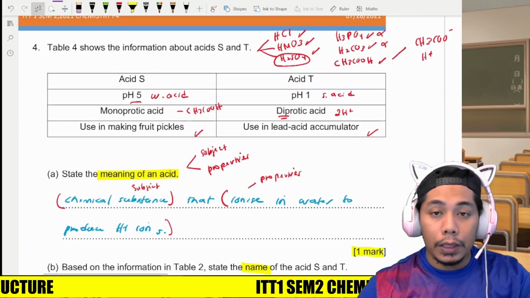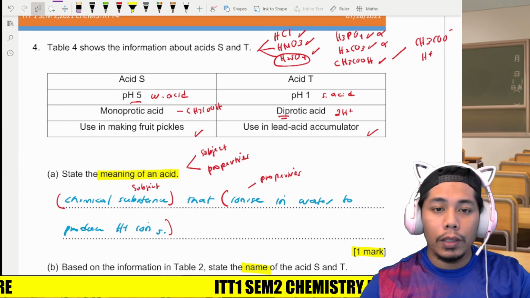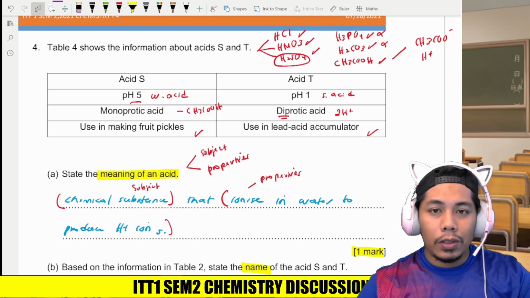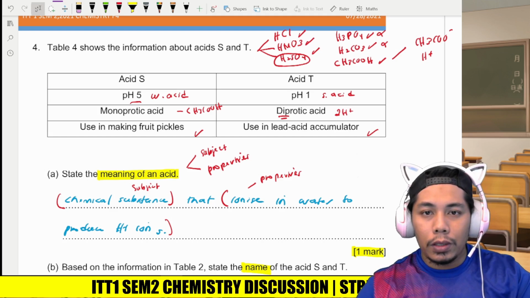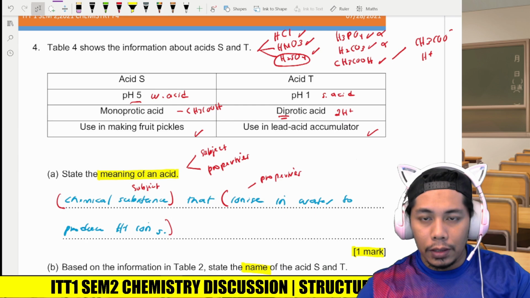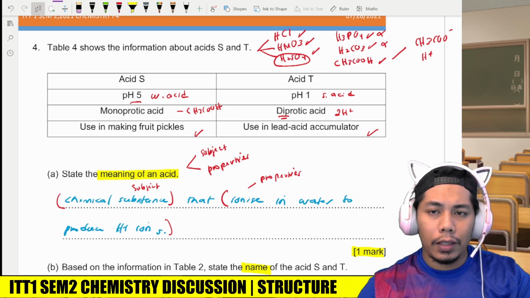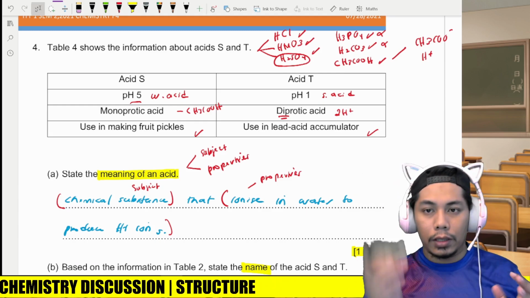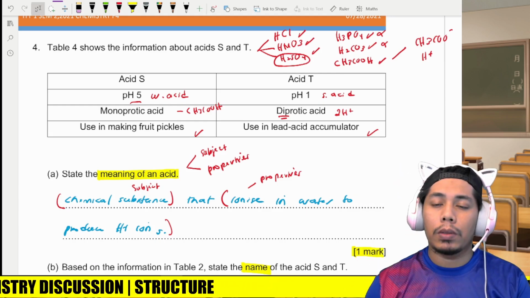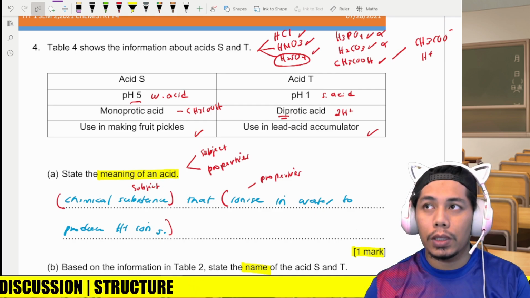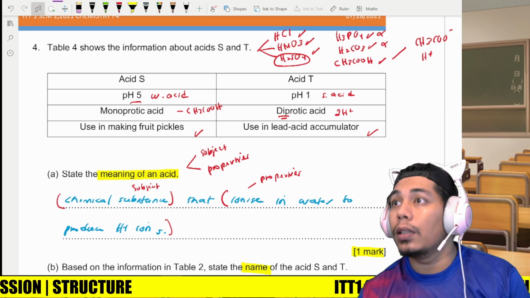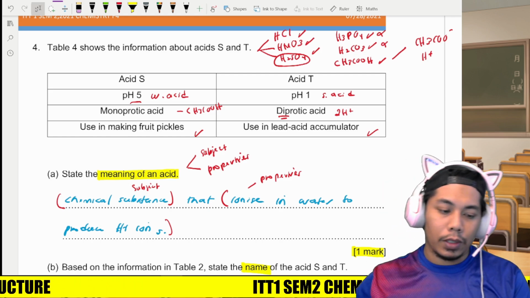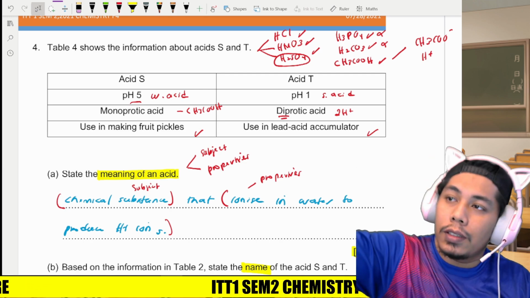Okay, so soalan seterusnya, soalan nombor 4. Okey, saya dah conteng siap-siap sebab saya nak jimatkan masa. Okey, so dia tanya the information about acid S and T. So dalam tajuk acid ni tolong ingat betul-betul ada beberapa jenis acid yang kamu kena hafal. Apa dia?